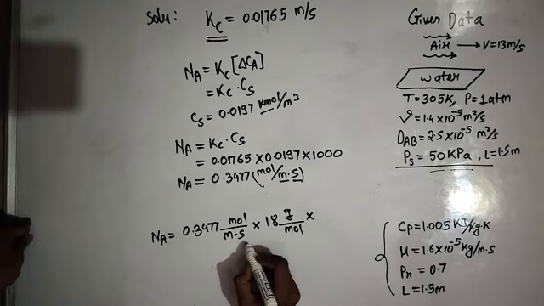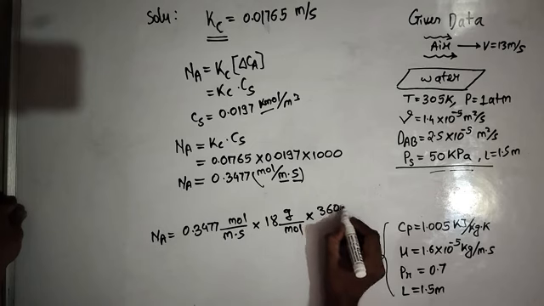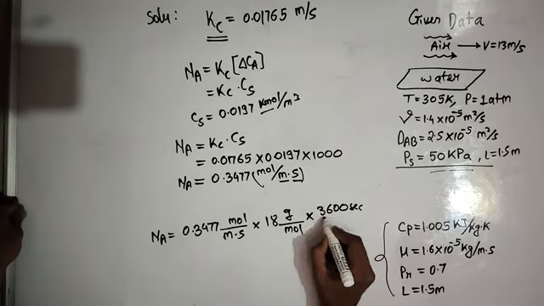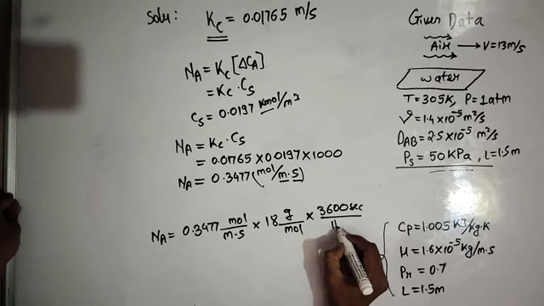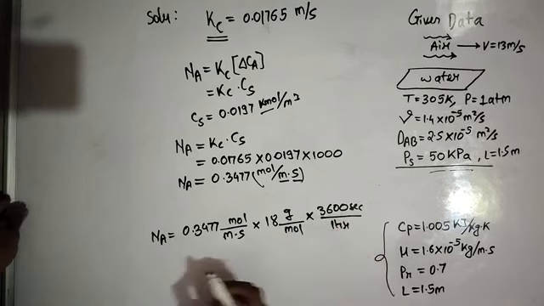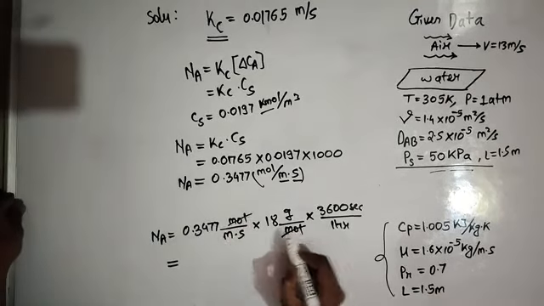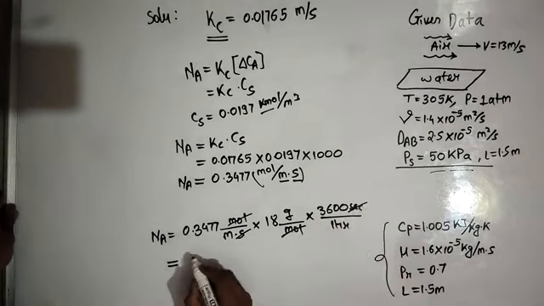We also have to convert seconds into hour, so we will multiply by 3600 seconds upon 1 hour, as 1 hour contains 3600 seconds. From this we will cancel the moles and the seconds.